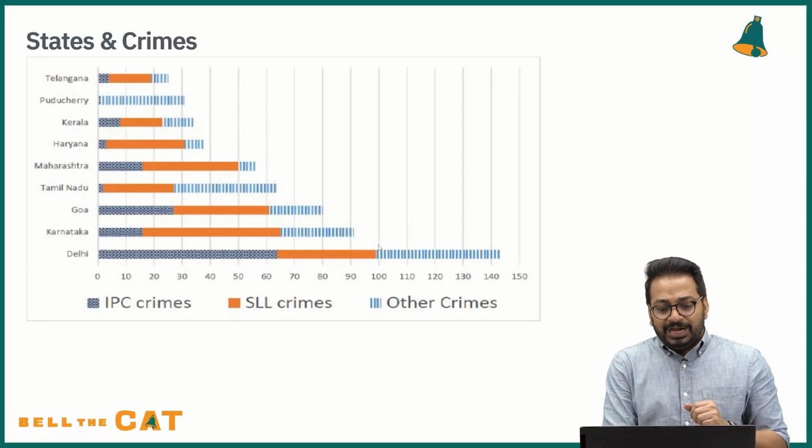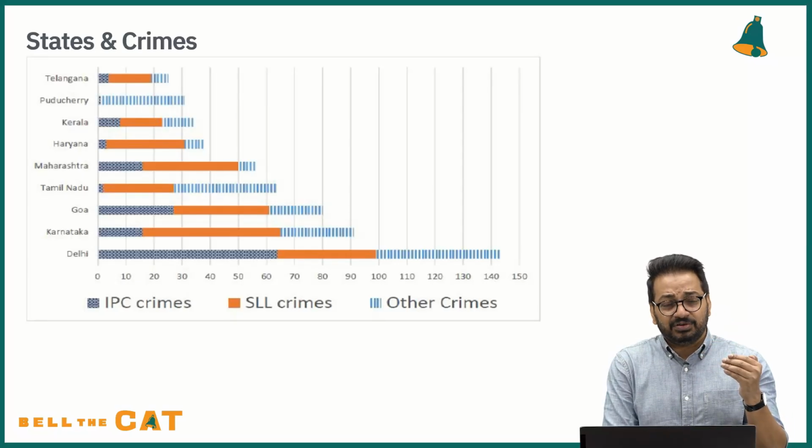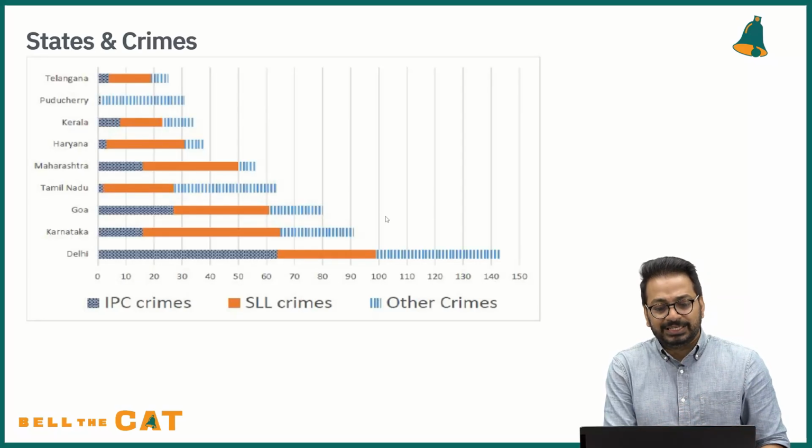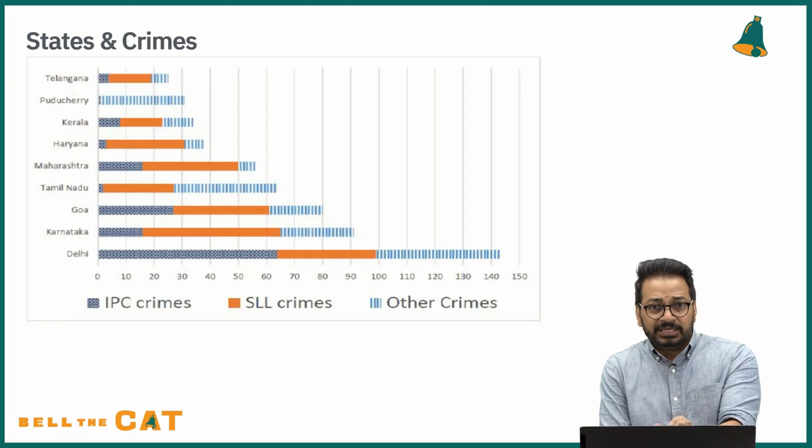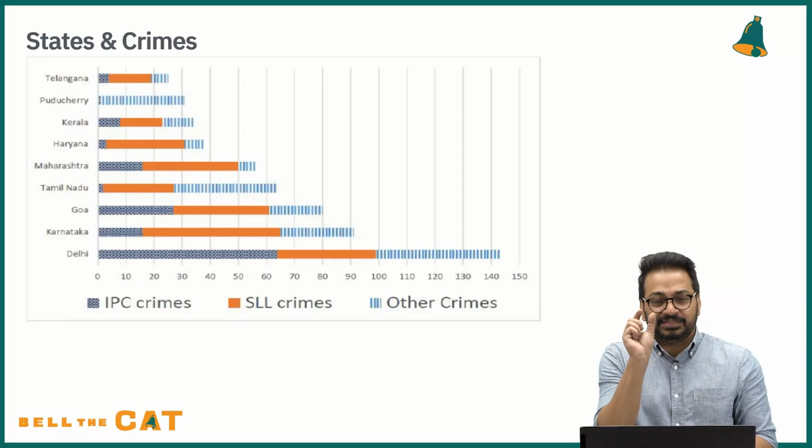Now, I can either try to calculate the exact value on the given scale, to see how many other crimes were registered in Delhi, or I can say that between 2 vertical lines there is a space which is 10 in the chart. Between 2 lines, the difference is 10. I'm going to take it as 1.